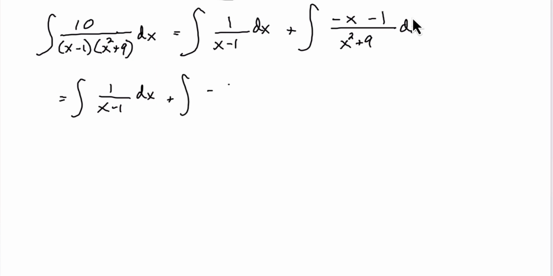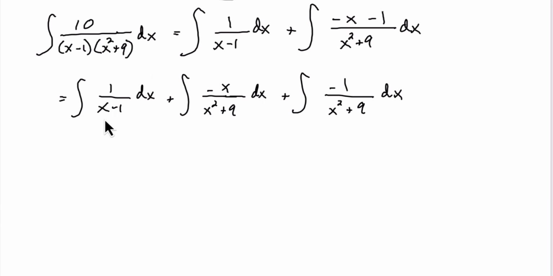We'll have negative x divided by x squared plus 9 dx plus the integral of negative 1 divided by x squared plus 9 dx. The very first integral is relatively straightforward. That's just a natural log of the absolute value of x minus 1. I'll save the plus c for the very end.